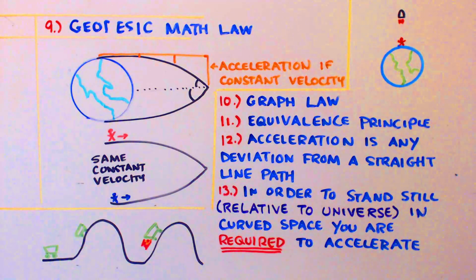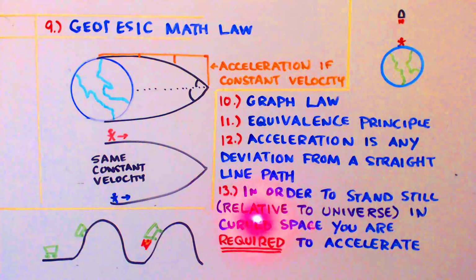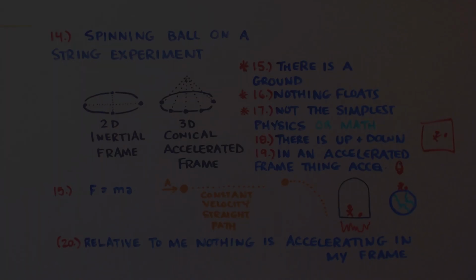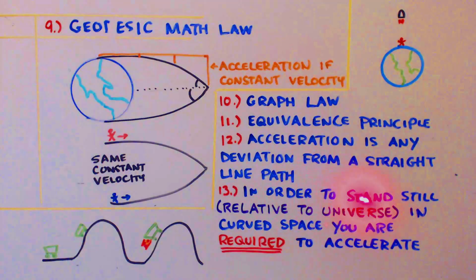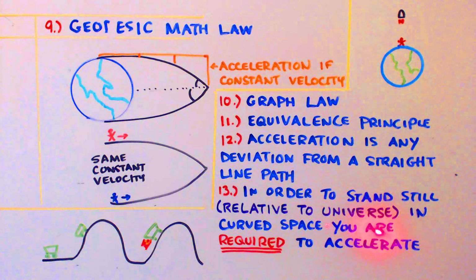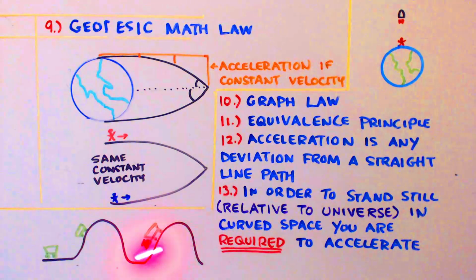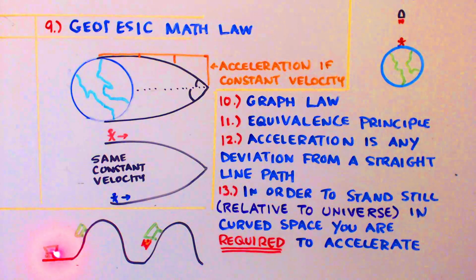Thirteen. It's a physics law. In order to stand still relative to the universe, and when I say the universe, I'm basically saying Earth, and how the universe would perceive you relative to the Earth. In order to stand still in curved space-time, you are required to accelerate, just like over here. Here's flat space-time. You don't have to accelerate to stand still. You just stand still. And what about this guy?